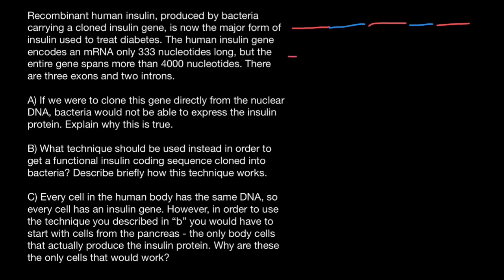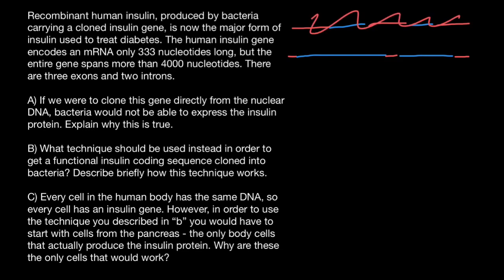Within most human genes, introns are much bigger than exons. So the non-coding sequence of the gene is much bigger, according to our problem more than 13 times bigger than the exons, the coding sequence of the gene.